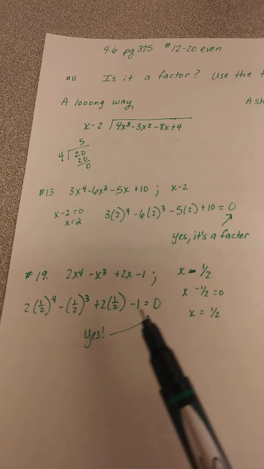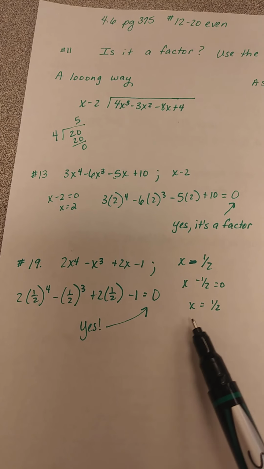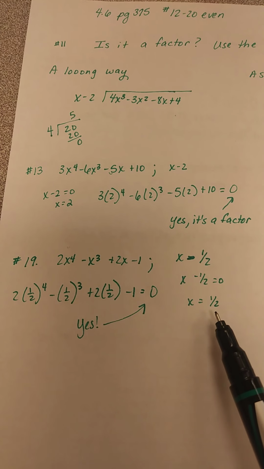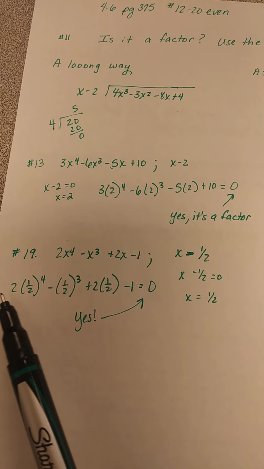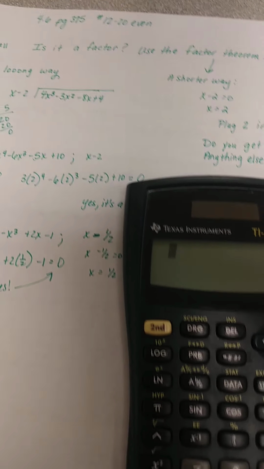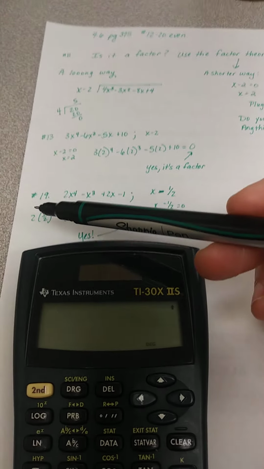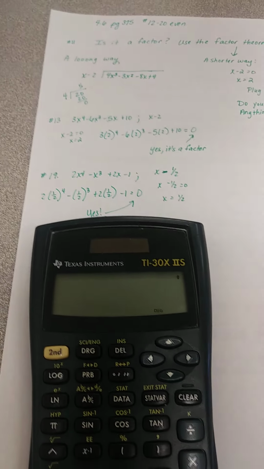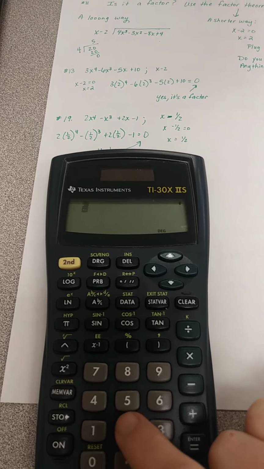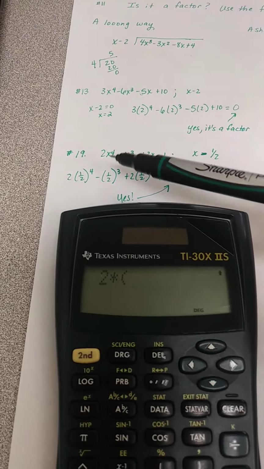Number 19 is a little trickier because now we have x minus 1/2. So when I add that 1/2 to both sides, what I have to plug in is 1/2, which takes a little bit more creativity, but you can do the whole thing in a calculator. So if I'm going to try to copy this into my calculator all in one go, I do 2 times, and then in my parentheses, I want to put the 1/2.